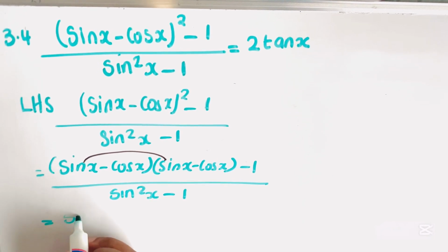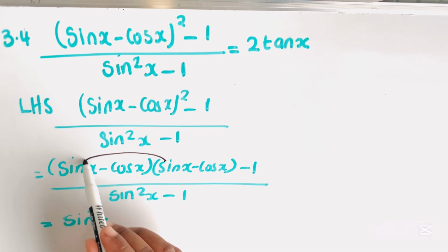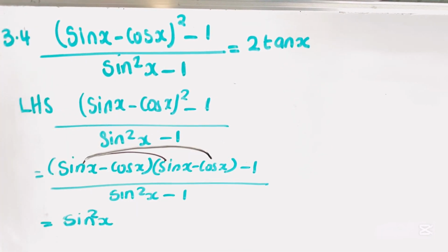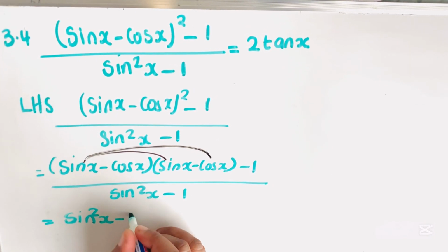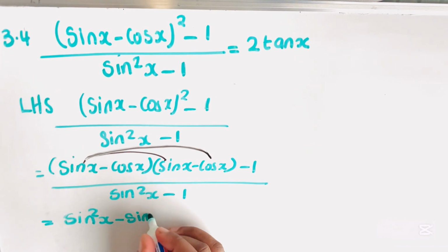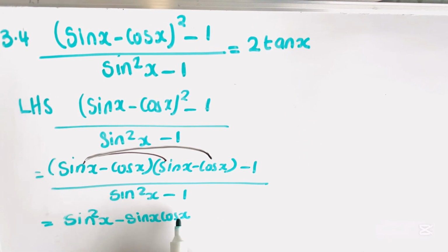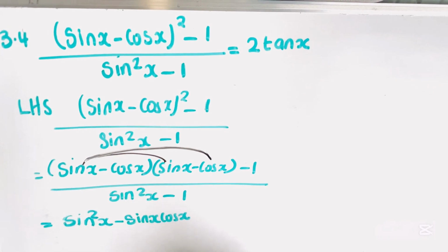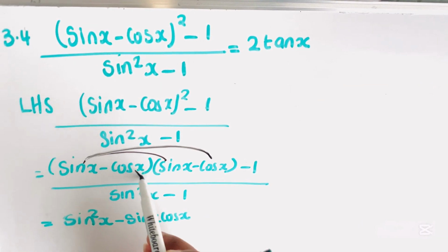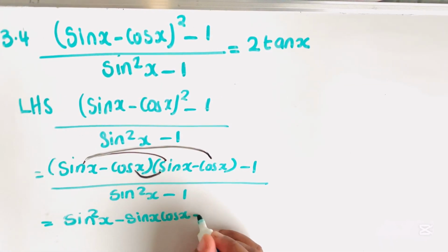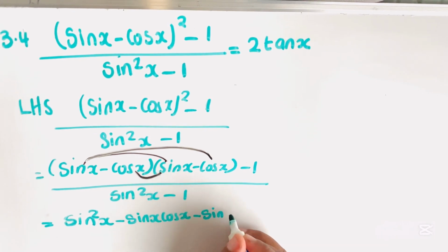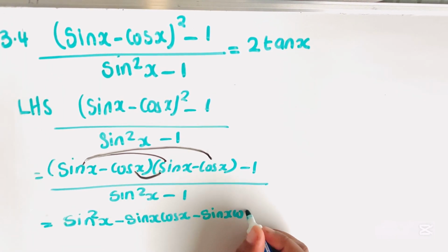It's sine squared x, minus sine x cos x. Even if you say minus cos x sine x, it will be the same because they multiply. Then it's again minus sine x cos x.